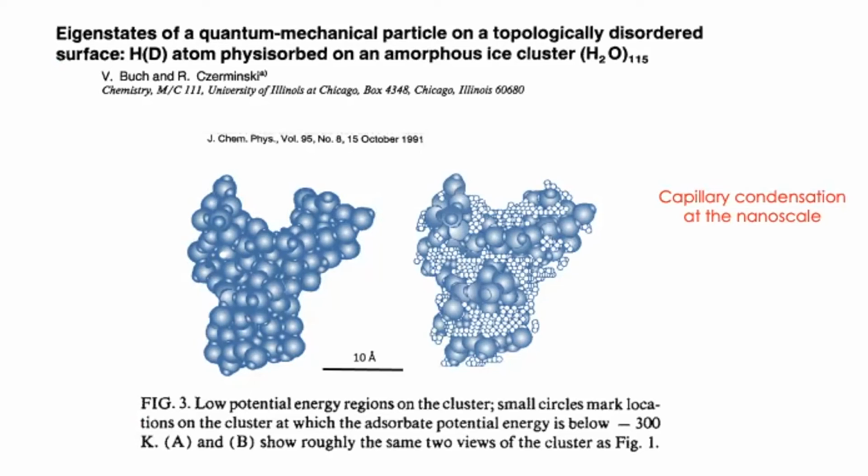So it means it's a kind of capillary condensation or Kelvin effect at the nanoscale. Convex parts are less adsorbing than concave parts. So you can imagine that on a nanoparticle, the convex parts are the majority compared to the concave or flat parts. So that's why the sticking coefficient is very low.